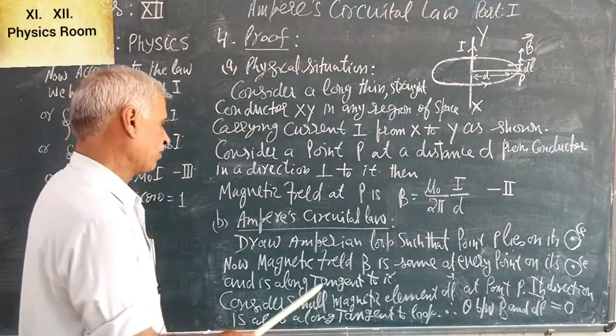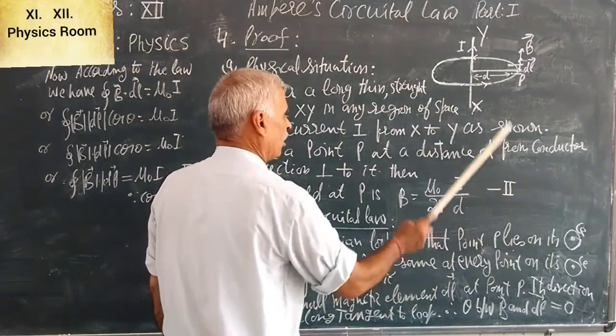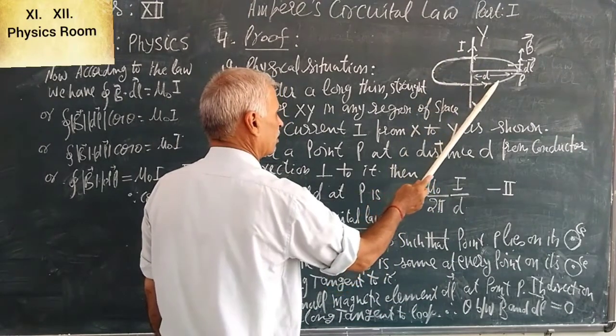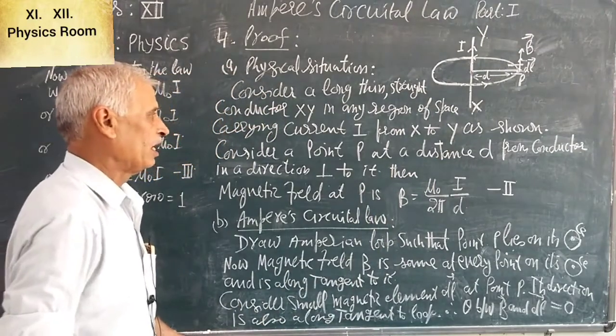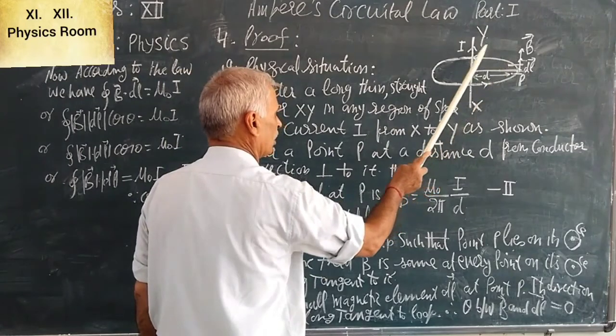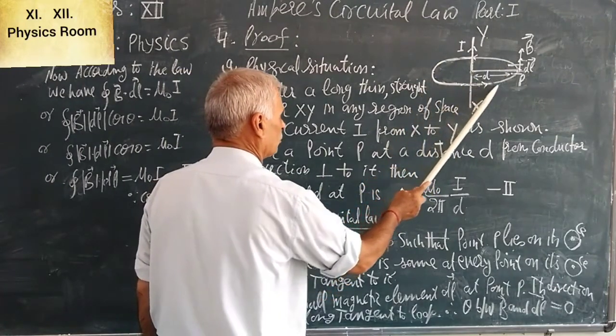Now magnetic field B is the same at every point on its circumference and is along the tangent to the loop everywhere.